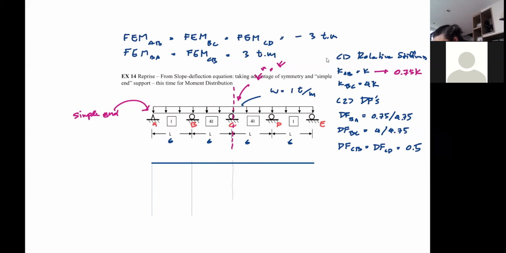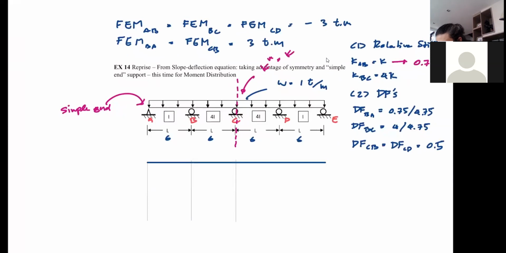And we are going to take advantage of symmetry. That means we want to have half of the structure. Now again, the distribution factor here is 1 because it's a simple end.